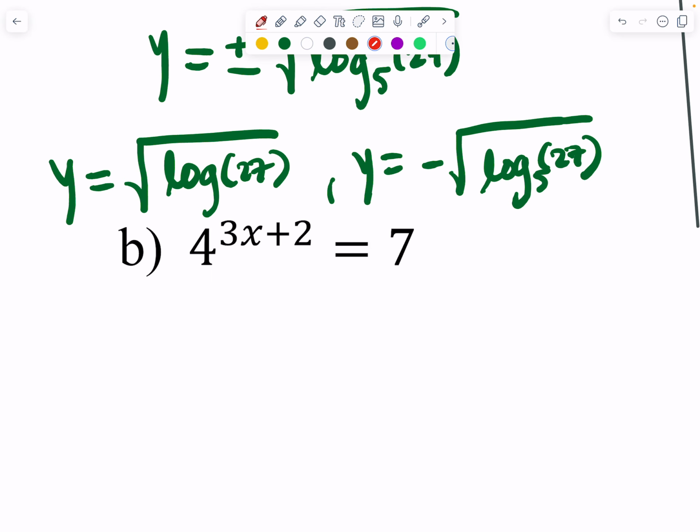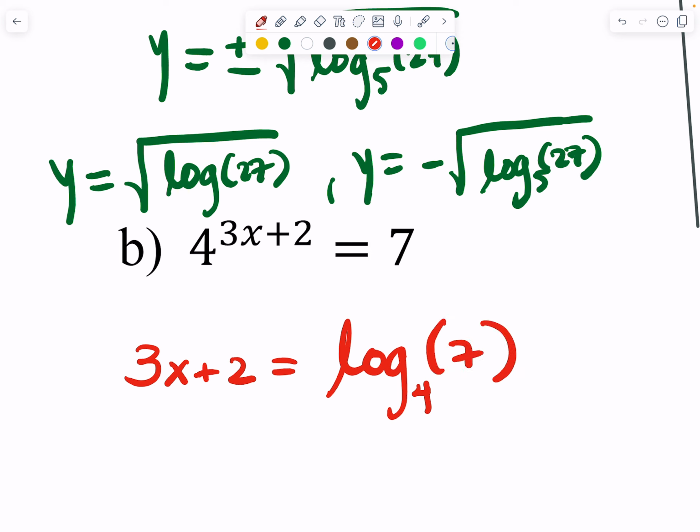So next equation, 4 to the 3x plus 2 power equals 7. I cannot write 7 as 4 to a power easily, so what I'm going to do is think about rewriting this in log form. So 3x plus 2 would be equal to the log base 4 of 7.